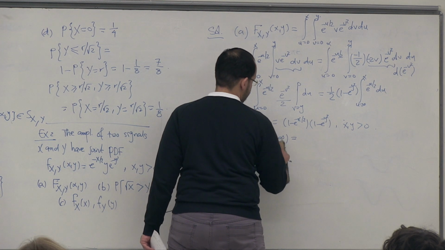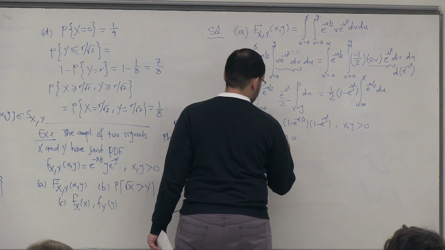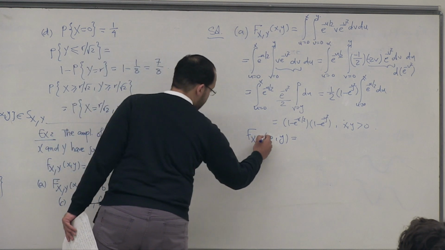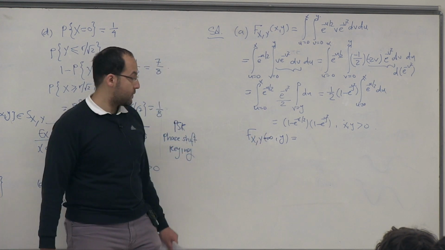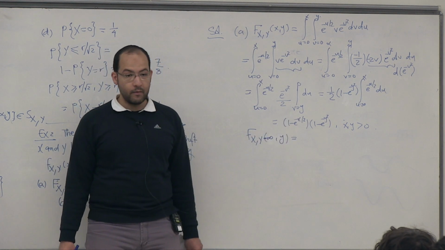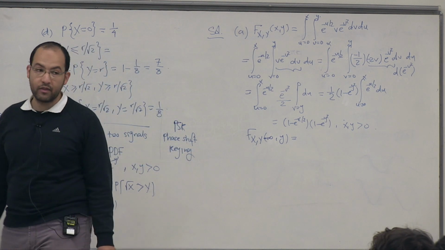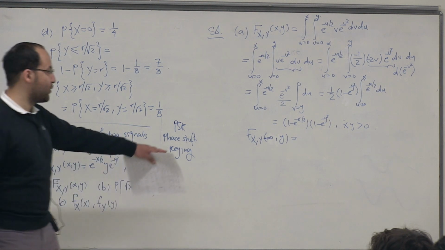F_XY(minus infinity, y). This one is supposed to be 0, right? When you substitute x as minus infinity here, will it give you a 0? No, right? Oh, so this is not a CDF?